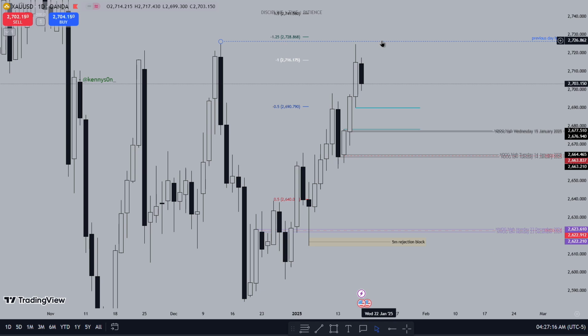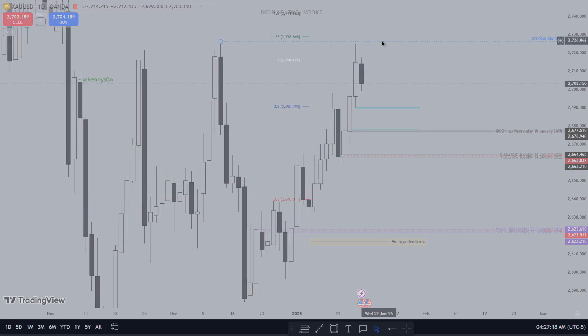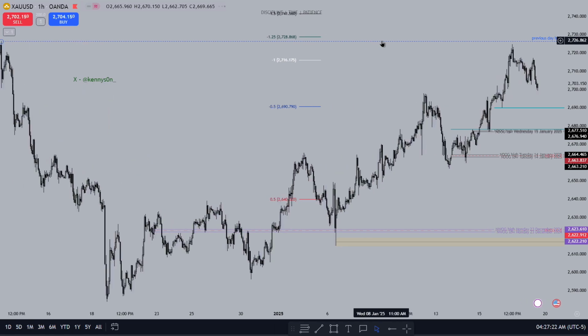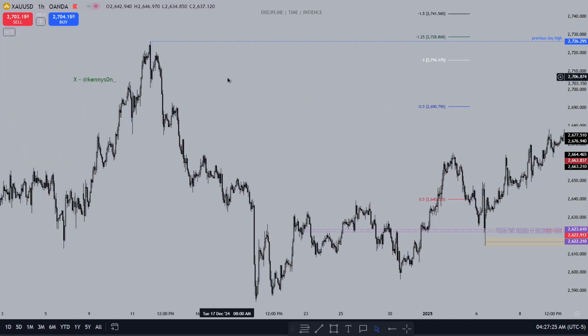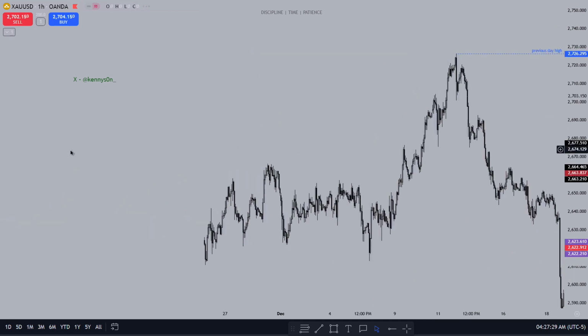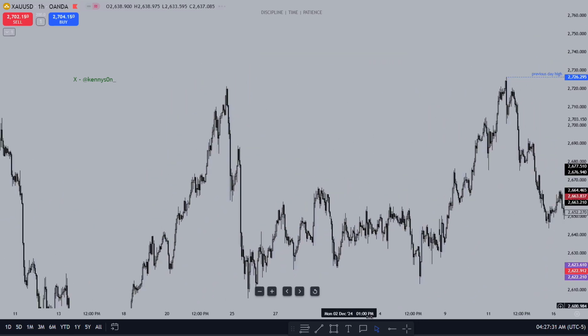Why? If you go to the hourly, and then you do this, the old daily high. Take this high.